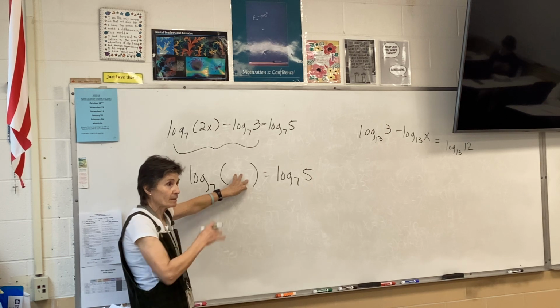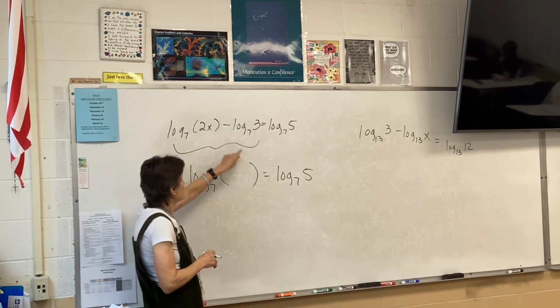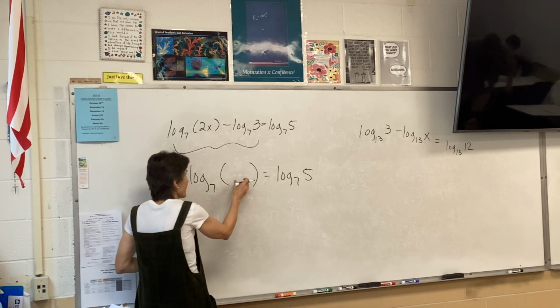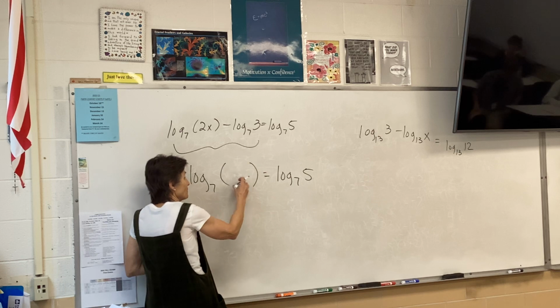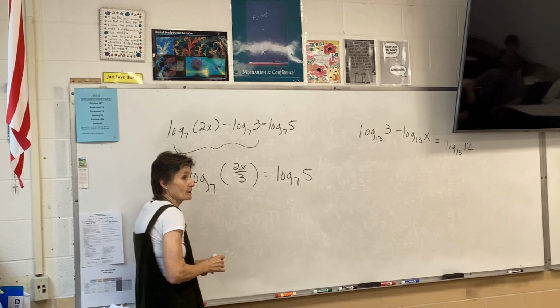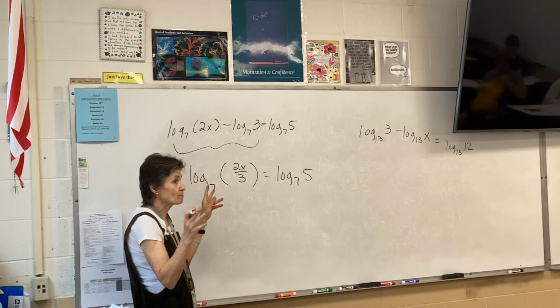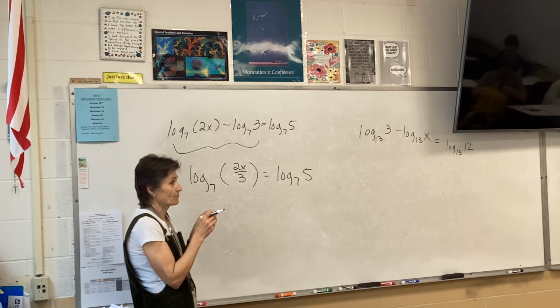The something will either be a times or a divide. Which is it in this case? Divide. So it's log base 7, and inside this parenthesis is going to be 2x over 3. Because when I put a subtraction together, it goes together as a division.